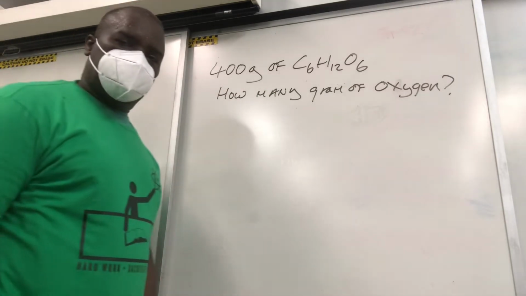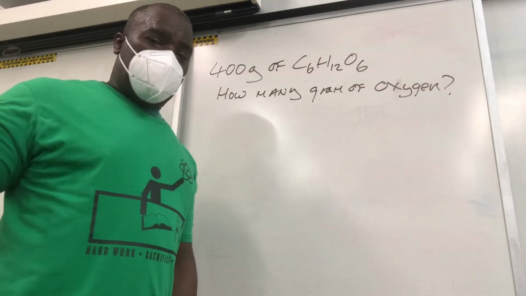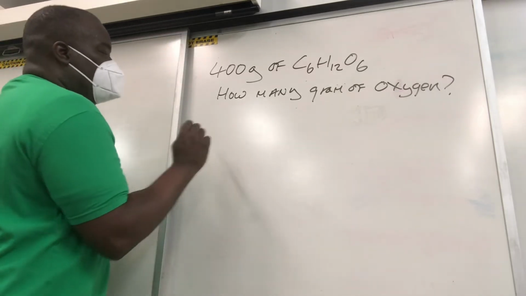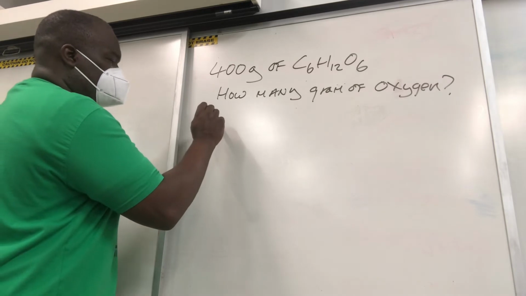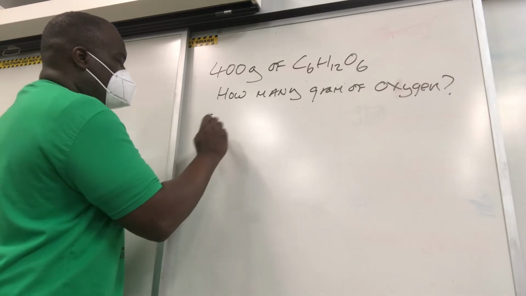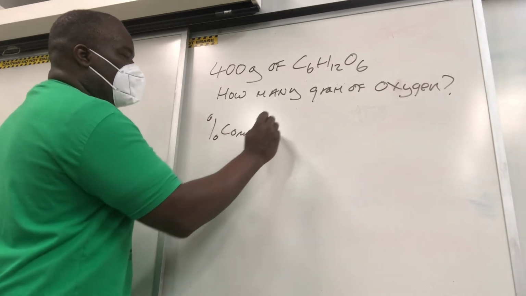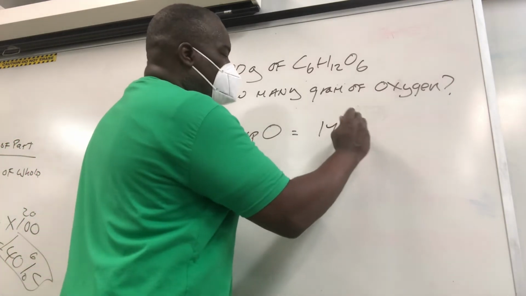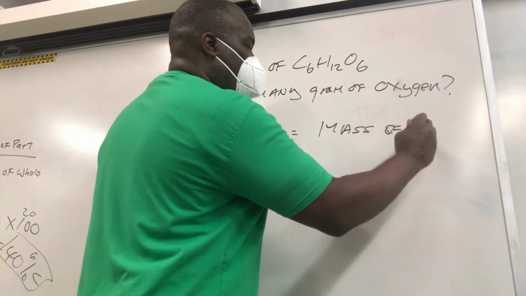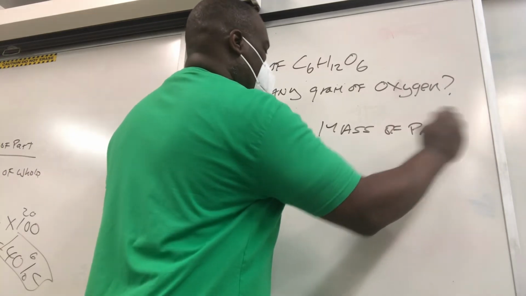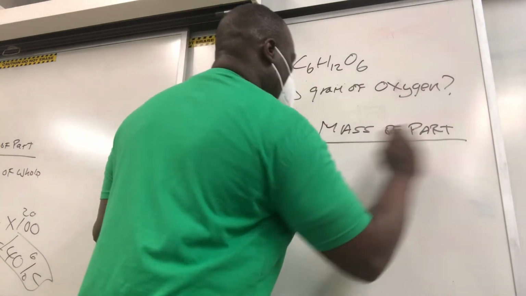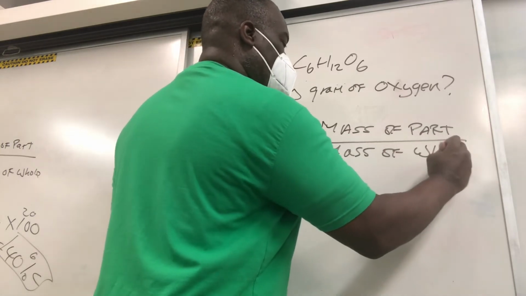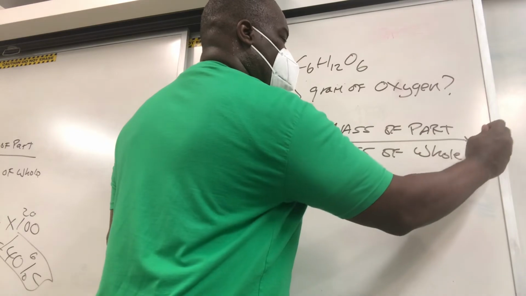How do you figure it out? We use what we had before, our percent composition. We know from experience that percent comp for oxygen is equal to the mass of the part over the mass of the whole, times 100.